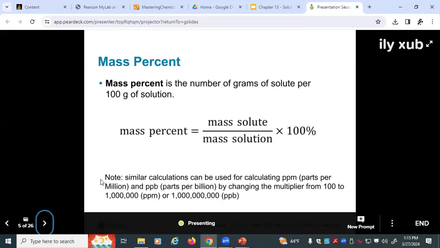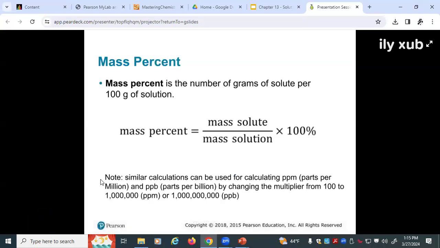So let's take a look at each of these individually. So starting with mass percent. Mass percent is simply the ratio of the mass of our solute, the thing that we're trying to dissolve, divided by the mass of the total solution.